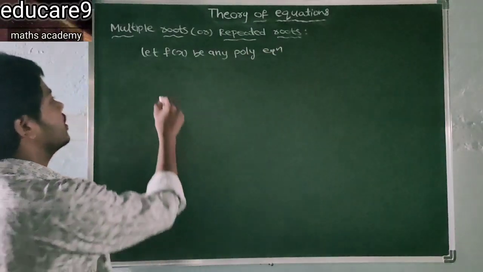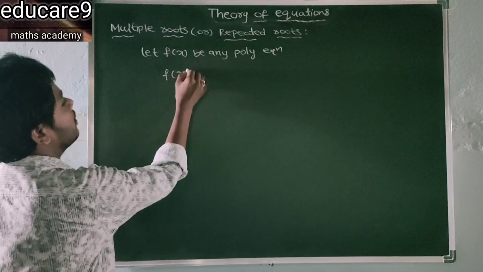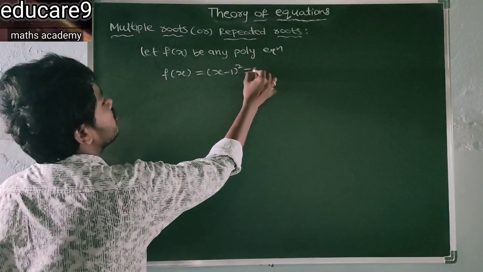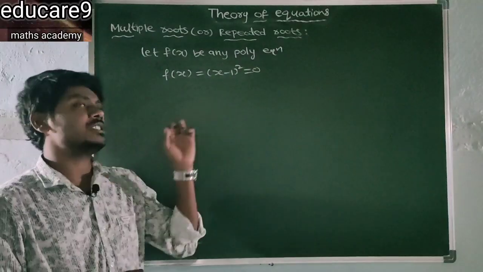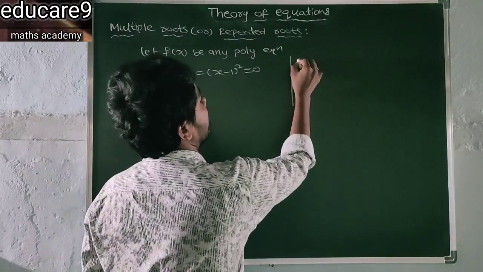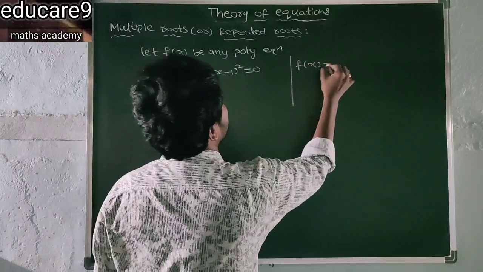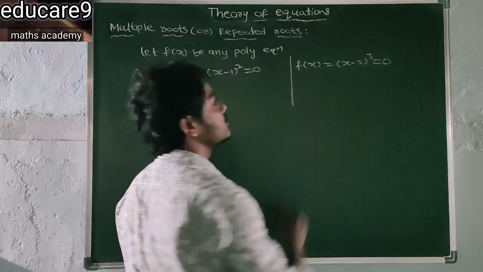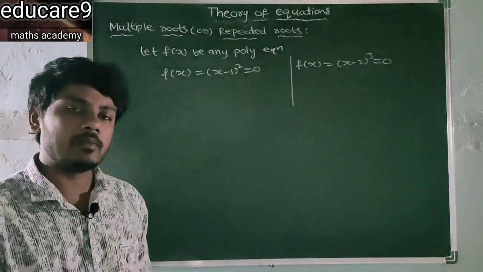Here f of x is equal to (x minus 1) whole square equals 0. Clearly this is a quadratic polynomial. And f of x is equal to (x minus 2) whole cube equals 0. This is a cubic polynomial.